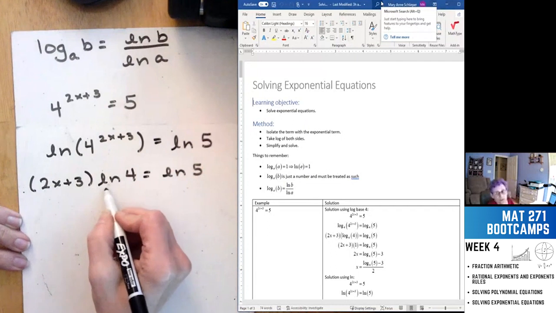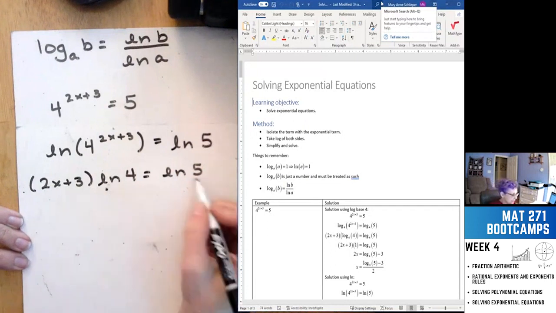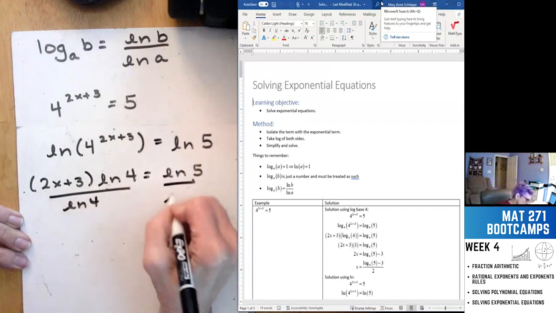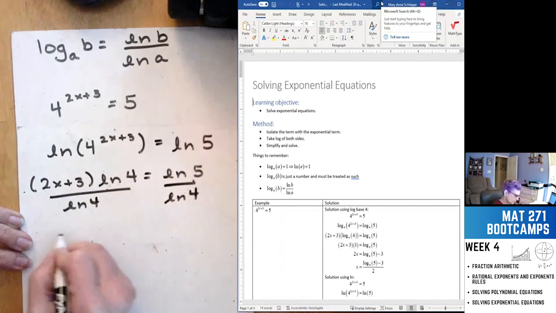Natural log of 4 is just a number. Natural log of 5 is just a number. Divide, divide.